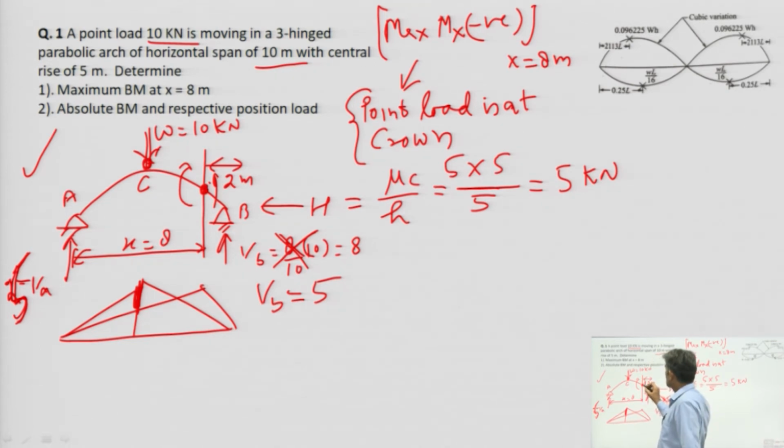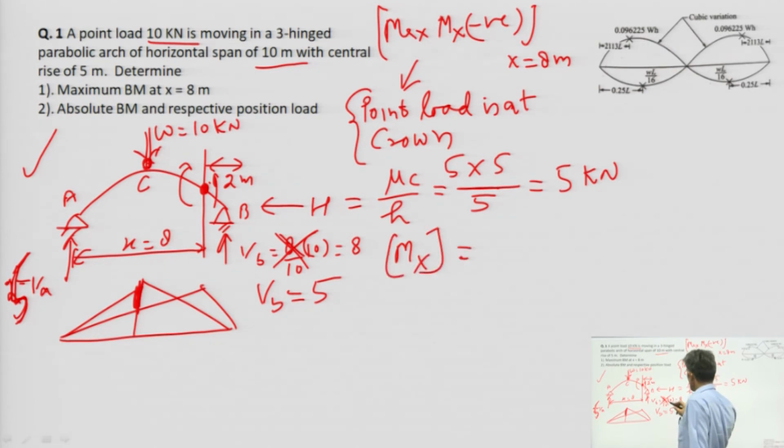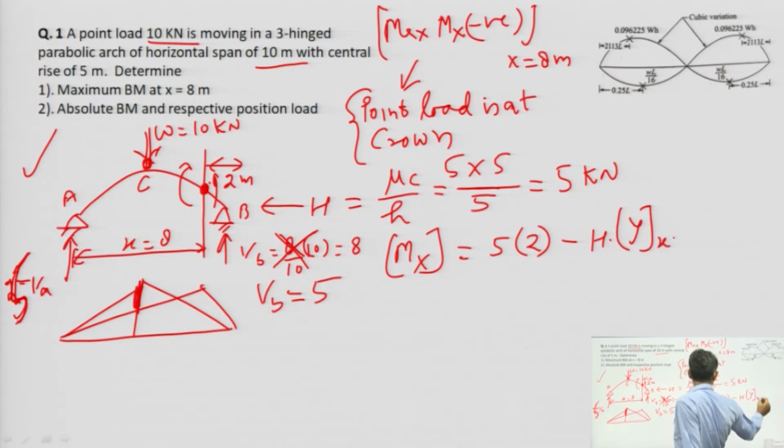Calculate the bending moment at this point. Mx is equal to Vb, which is 5, multiplied by the distance, which is 2, minus H into y at x equal to 2.